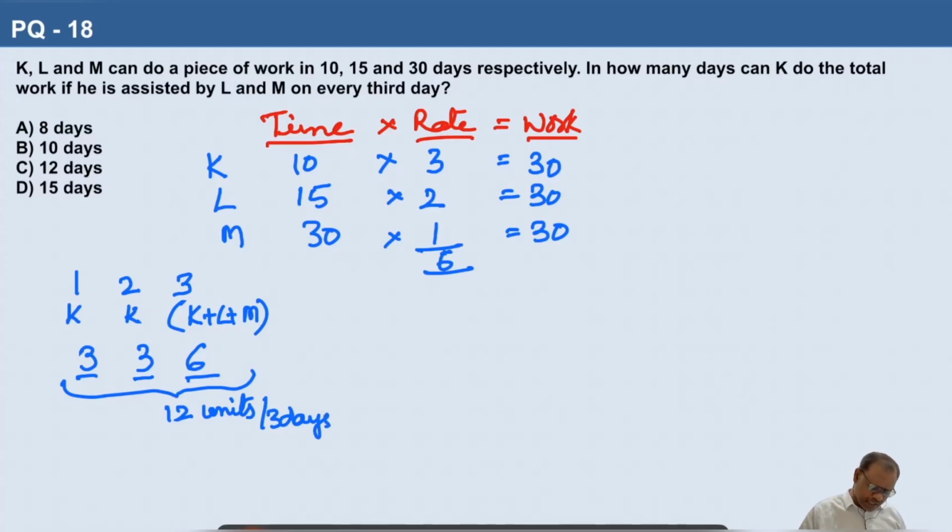Then again 12 units in the next 3 days. So in total, how many units are completed? 12 plus 12, 24 units are completed. This is again 3, 3, 6.